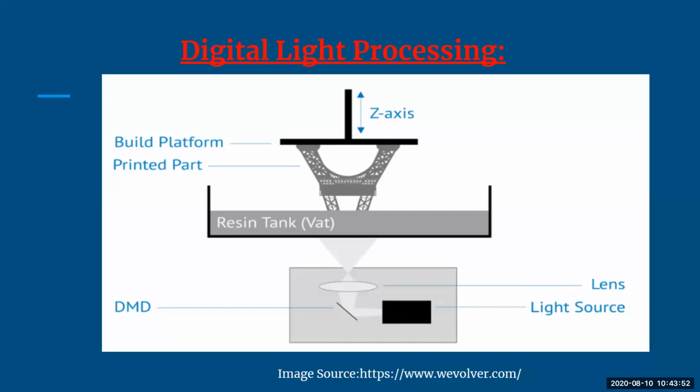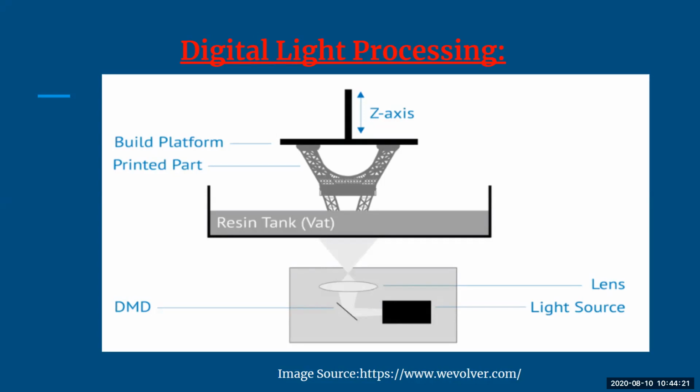Next there is the surface where the printing objects stick during the printing. That is the z-axis you can see in the diagram. It is self-explanatory. Whenever your model is ready, the models built during the printing process will be placed over that build platform. So for digital light processing, you have to remember that it uses light and liquid resin.